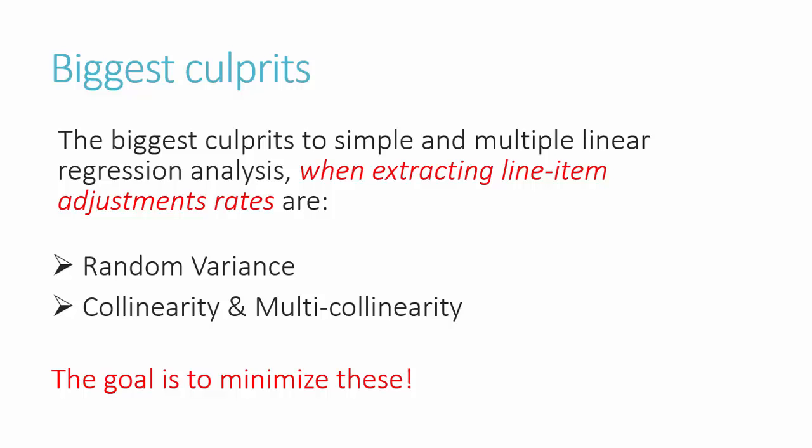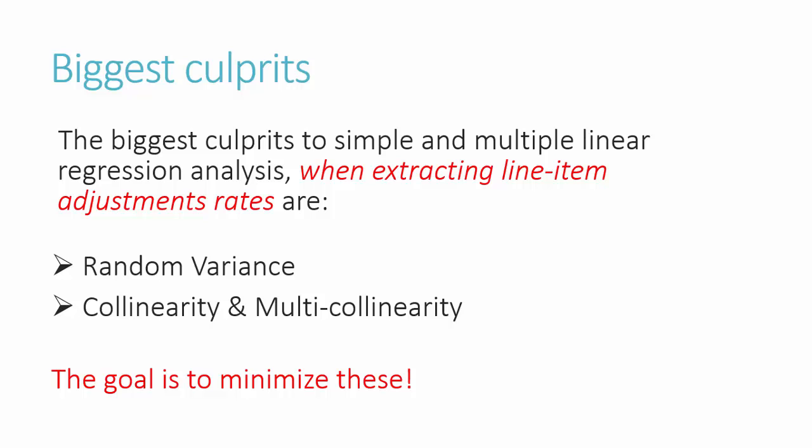Now remember, we differentiate between regression analysis simply to find value, and regression analysis for some other things like extracting line item adjustment rates. Okay, now here we're talking about regression analysis when extracting line item adjustment rates. So what can cause the regression analysis not to really be reasonable or accurate?